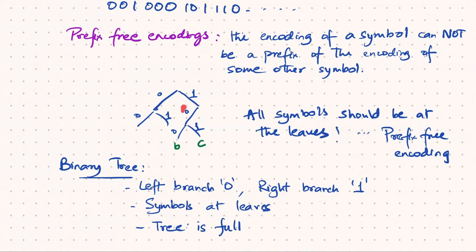We cannot have something like this, because this is an internal node which has exactly one child. So what we'll require is that no internal node has exactly one child.